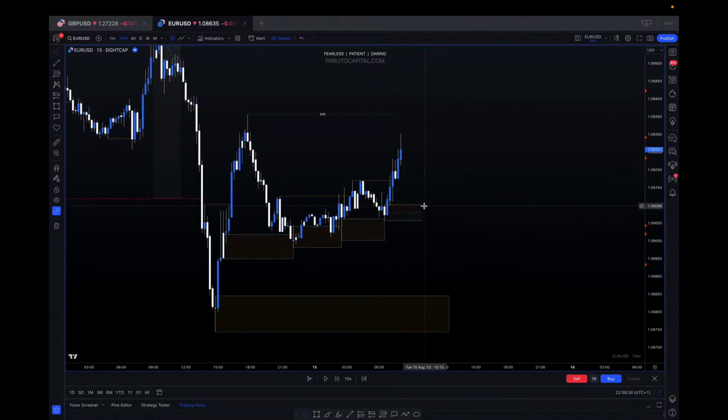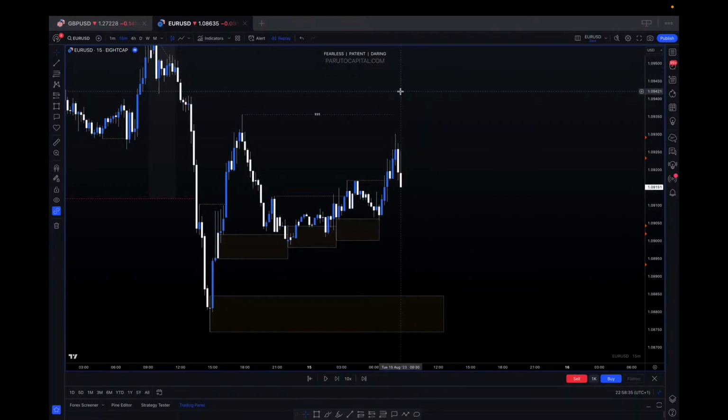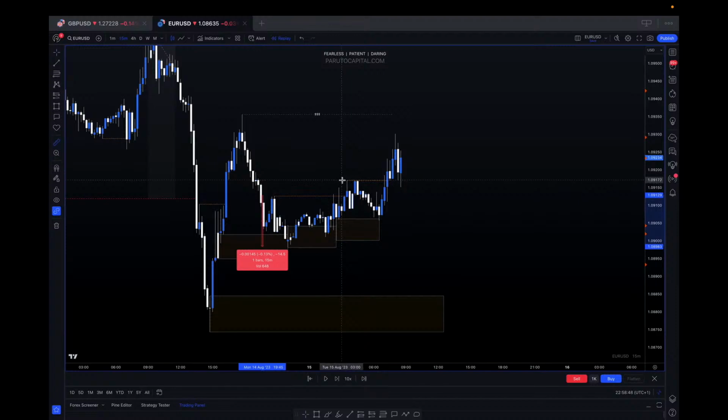Okay, sure, take this out. Okay, price is returning, as you can see clearly. Now if we look at all of this pullback here, this is about how many pips? 14. This is about 10 pips, not much really.